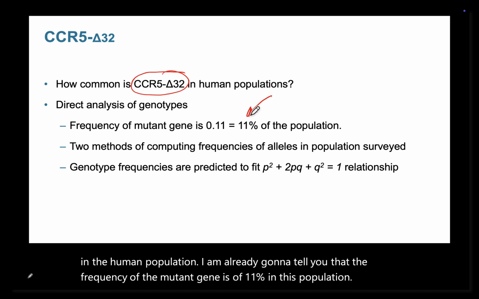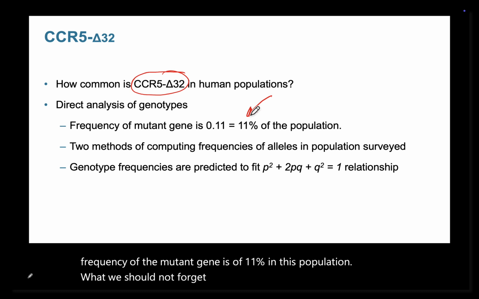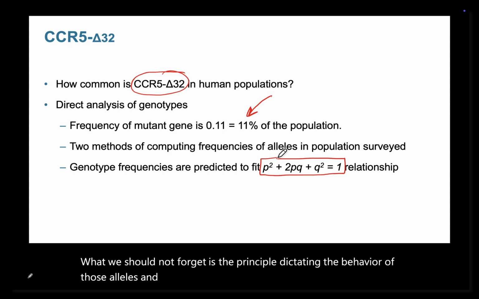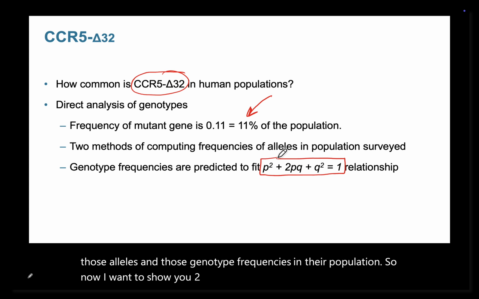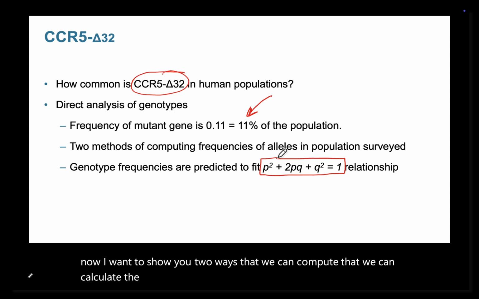What we should not forget is the principle dictating the behavior of those alleles and those genotype frequencies in that population. So now I want to show you two ways that we can compute, that we can calculate the frequencies of the alleles in that population.